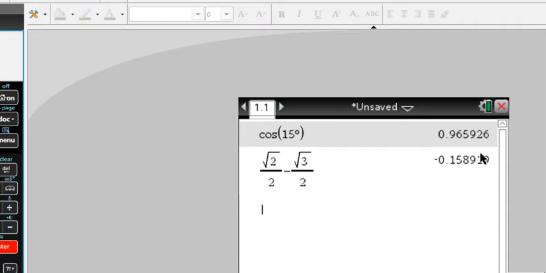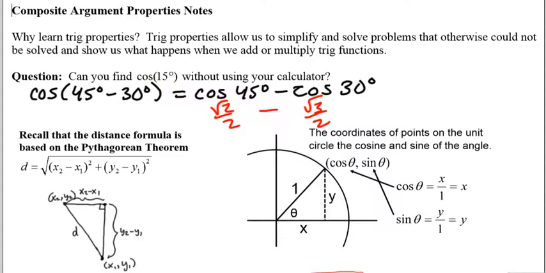And if I check, I see cosine of 15 is 0.9659, but if I subtract these two trig values, cosine of 30 minus cosine of 45, not only do I not get cosine of 15, I don't even get a positive trig value. So clearly that is not the way to estimate cosine of 15. So we're going to look back and see a way to do it.